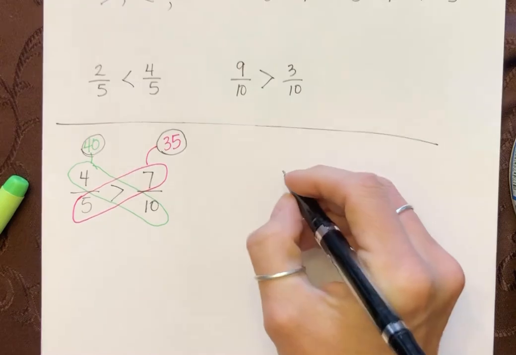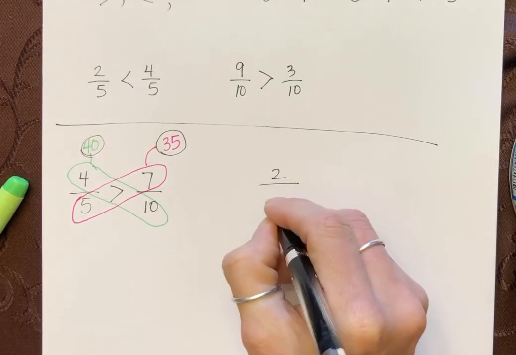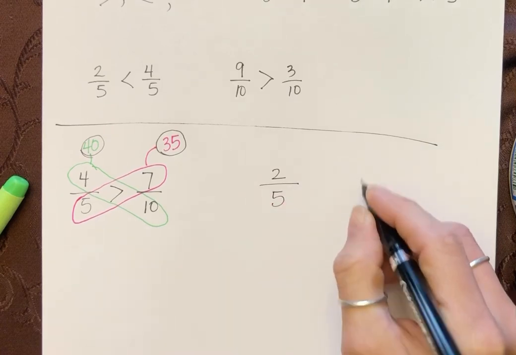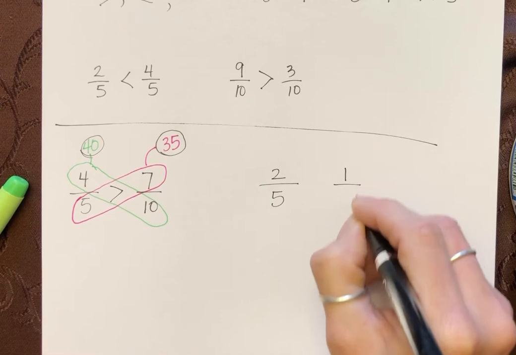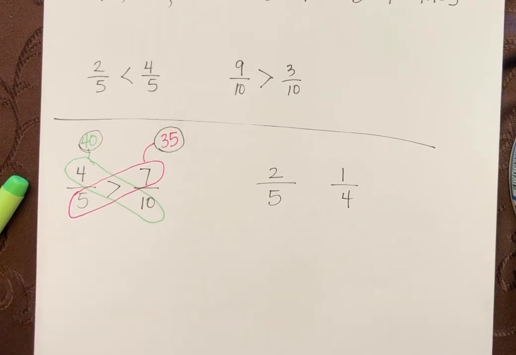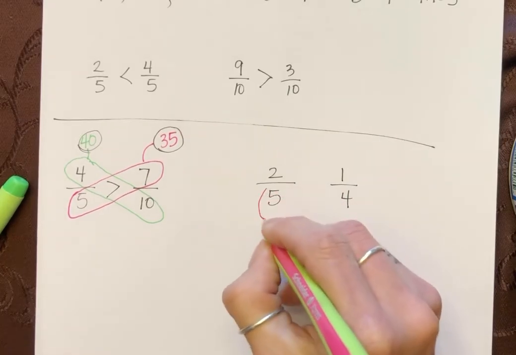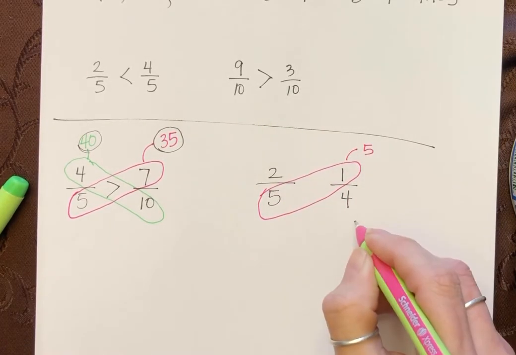Let's try another one. If I have 2/5 and let's do 1/4. Okay, so I take 5 times 1, that gives me 5.